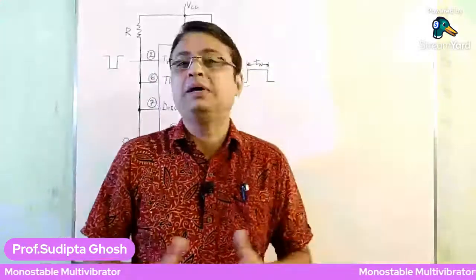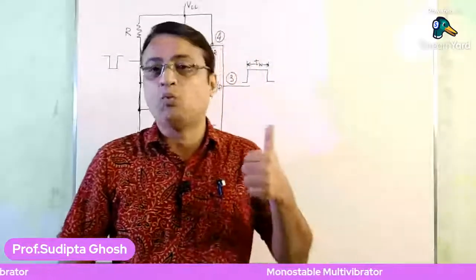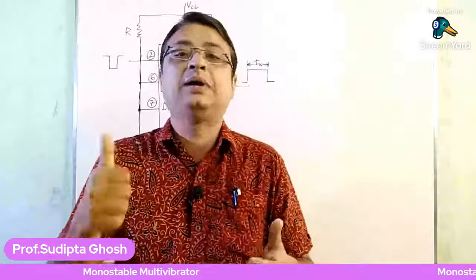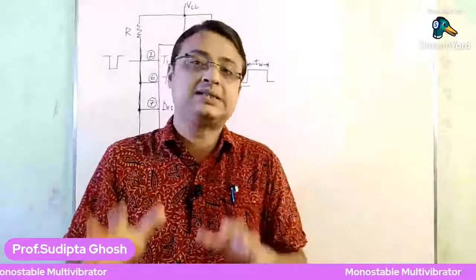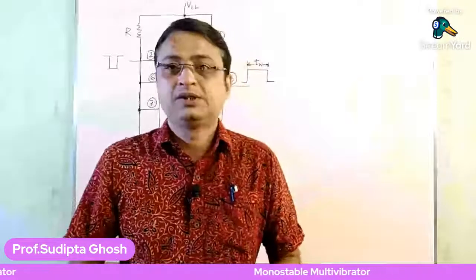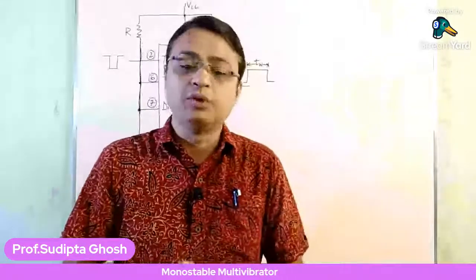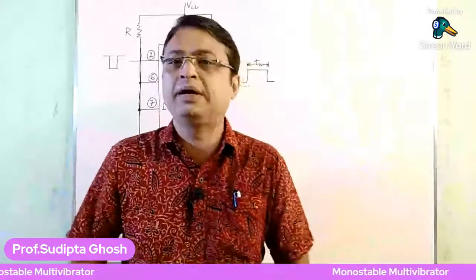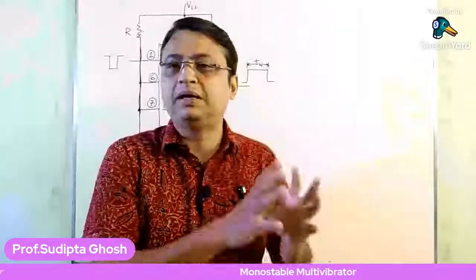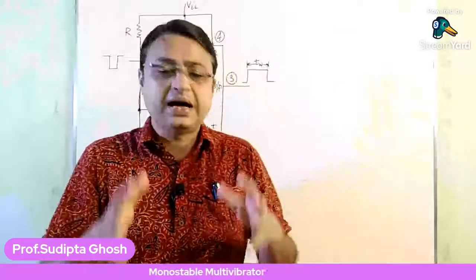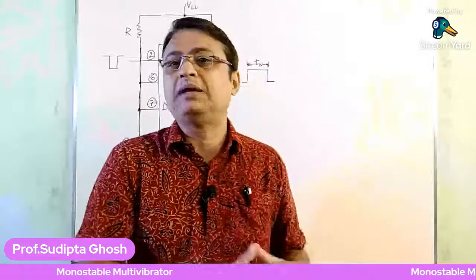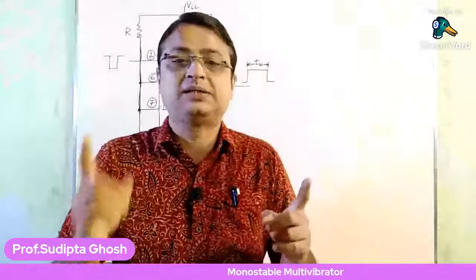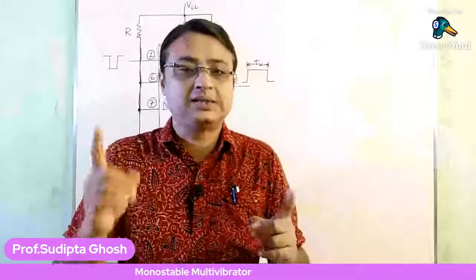So a monostable multivibrator has only one stable state, and the other state is not stable, but is known as a quasi-stable state. Okay. So this is the story of a monostable multivibrator. So we already came across what a multivibrator is and what a monostable multivibrator is. As I told you, a monostable multivibrator has one stable state and the other is a quasi-stable state.